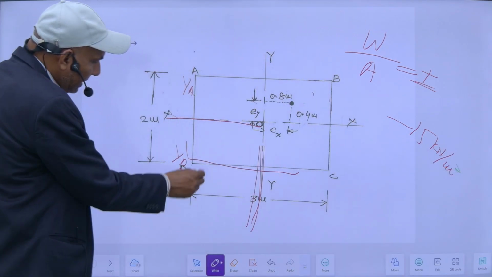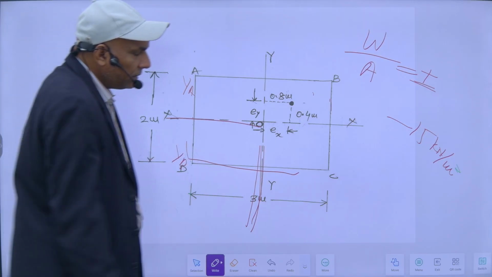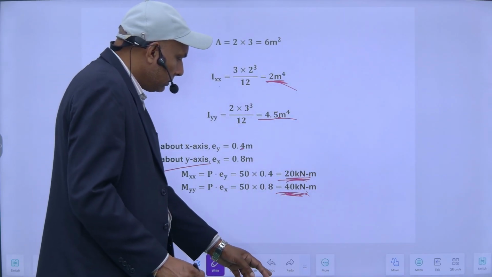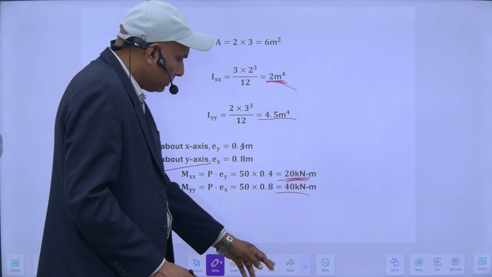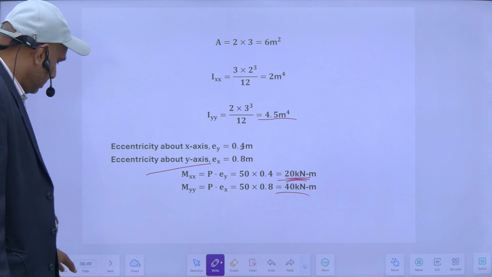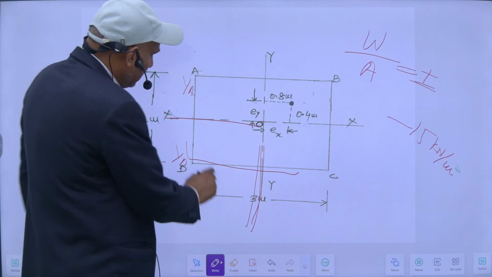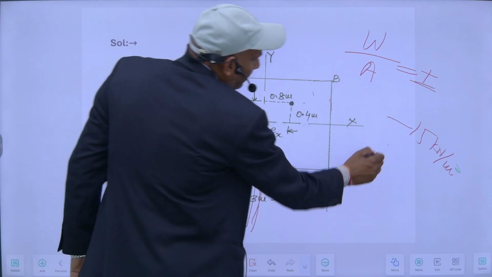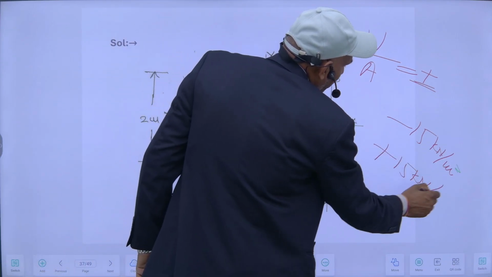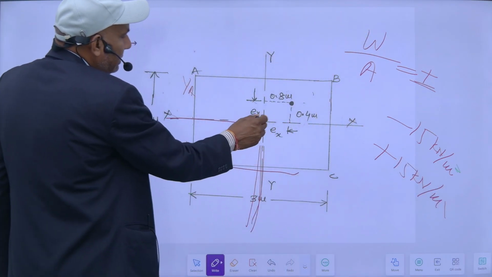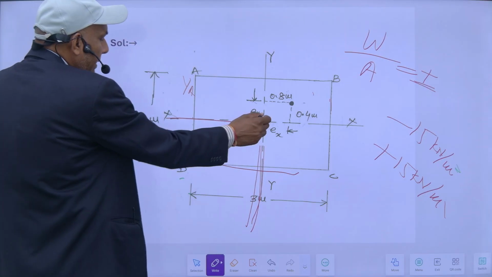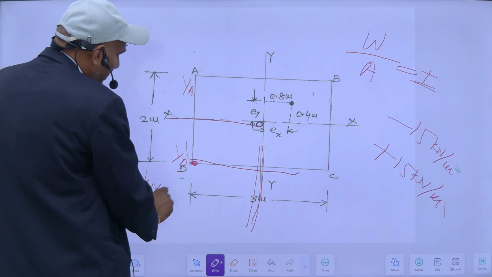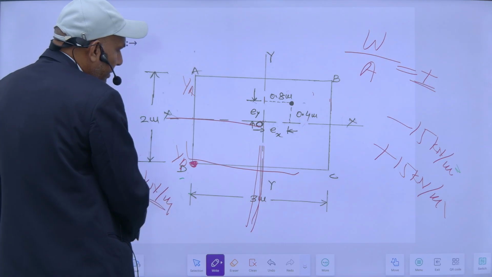If I want this tensile stress to be 0, then I have to place plus 15 kilonewton. My load W should be such that it creates plus 15 kilonewton per meter square stress here, so that it will become 0.